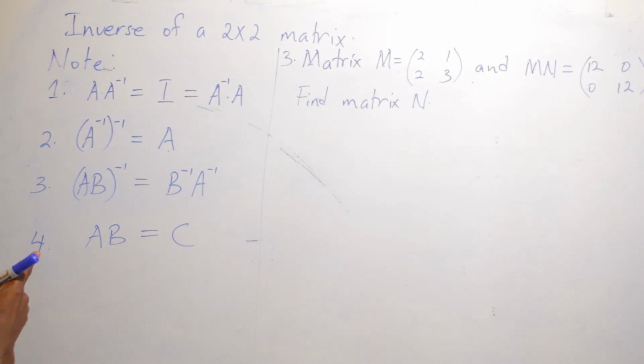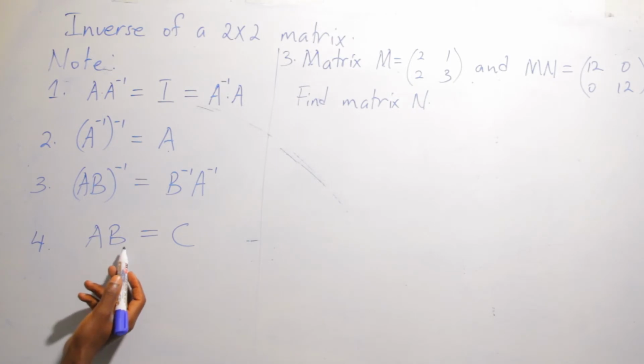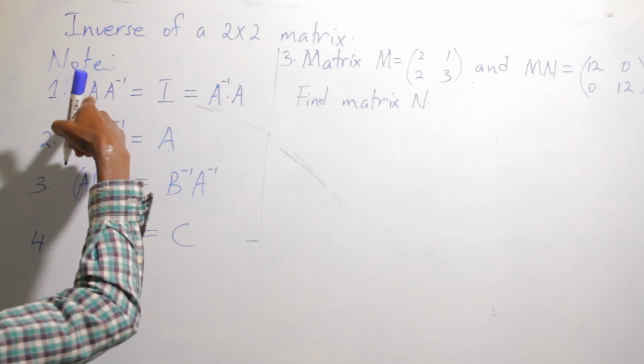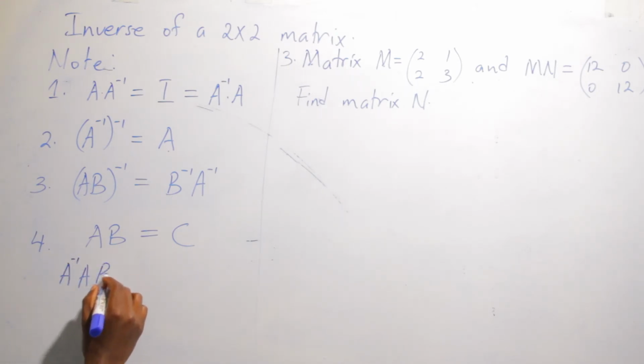Now, note 4: if I have my matrix A times B equivalent to C, and I need to get my matrix B, I am going to use note 1. So I multiply the inverse on both sides of the equation.